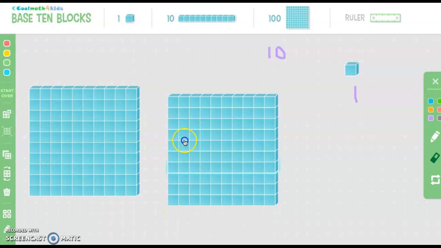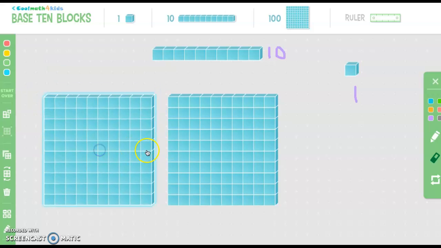Oh, I took too many because I took my 1 from up there. Here we go. 10, 20, 30, 40, 50, 60, 70, 80, 90, 100. It is the same as this.